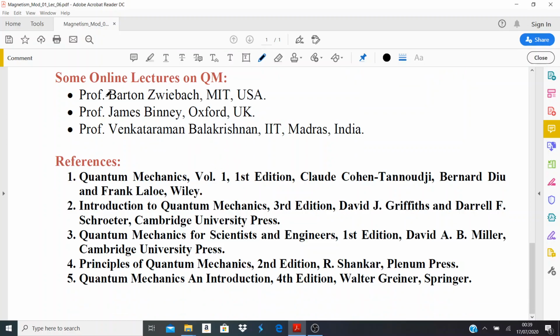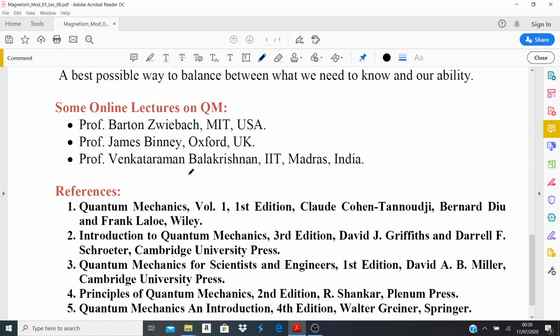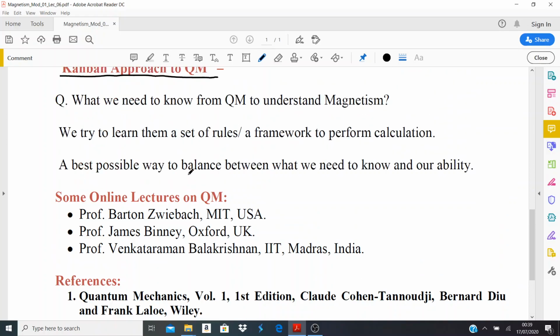So these are the references, but as I've told you, in the lectures to come I'll be explaining things very slowly and gently so that you have sufficient time to understand them. And if you feel that you need to know more, you can go through one of these references, and that should do the job, right?